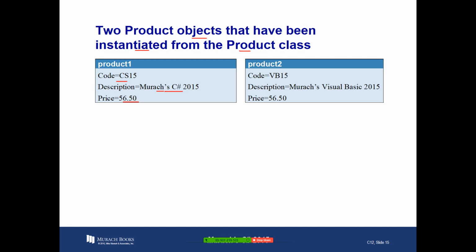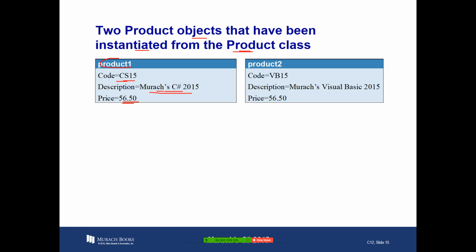In this case, we're calling it product one. So we have this object called product one, and product one dot code is this, product one dot description is this, product one dot price is this. And it is an instance of this generic product class.